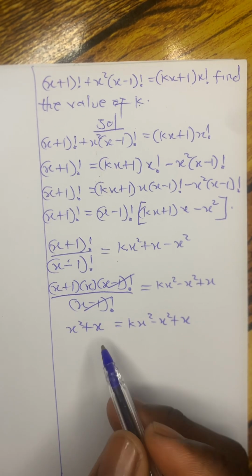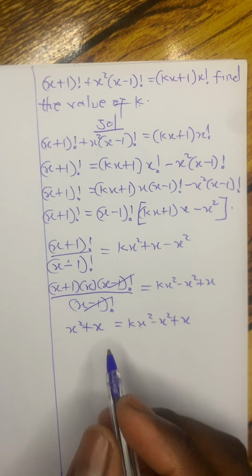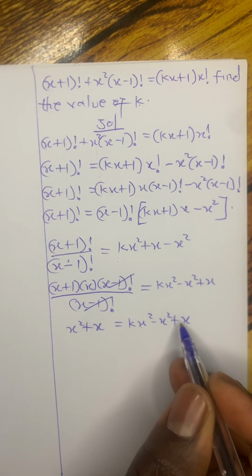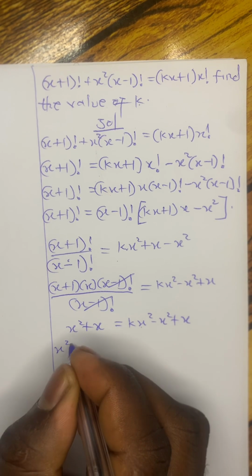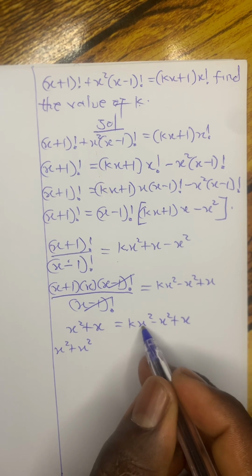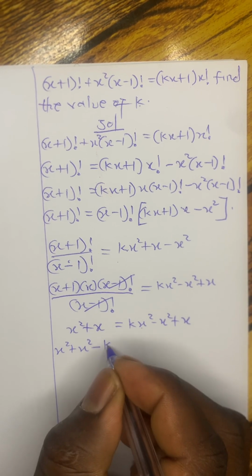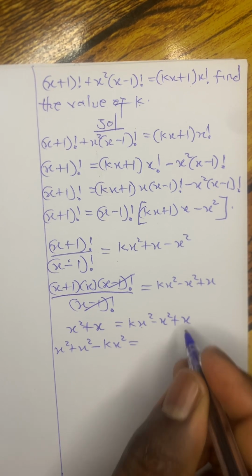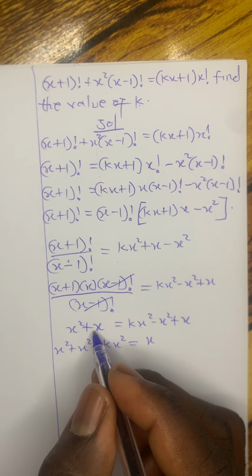Now I could see that I have the terms with x². If I add positive x² to both sides, I'll be having x² plus x². If I add negative kx² to both sides, I'll have this side to be minus kx² equal to this here, which is already x, and this particular term here is positive x.